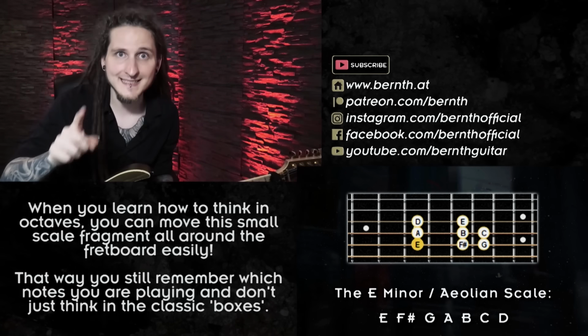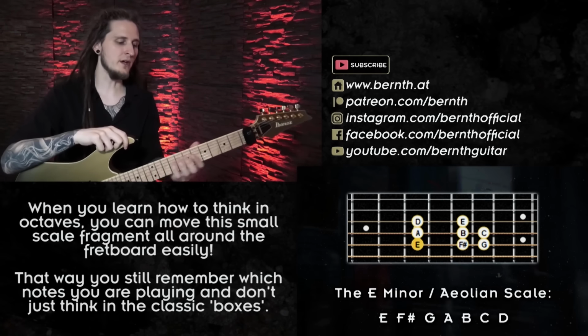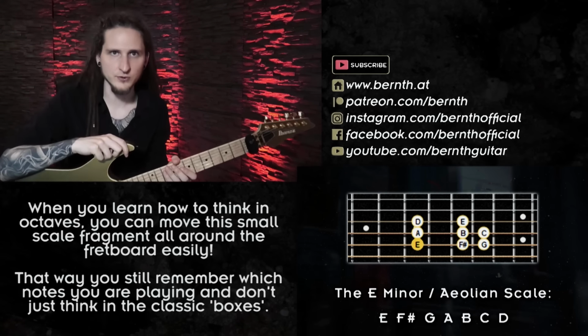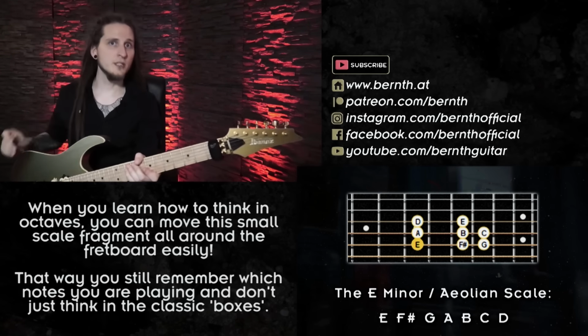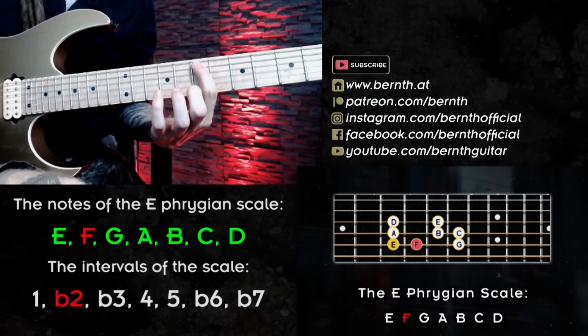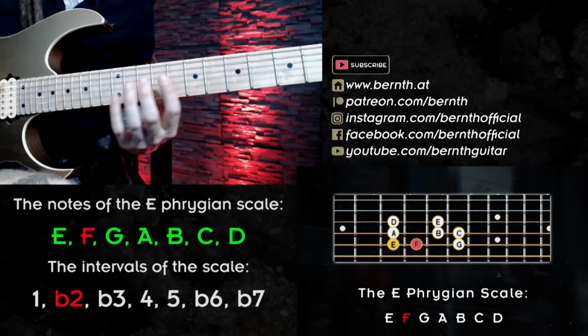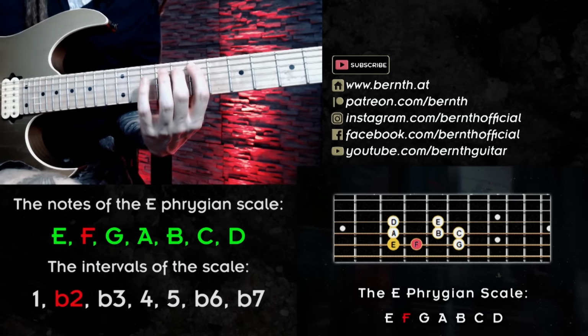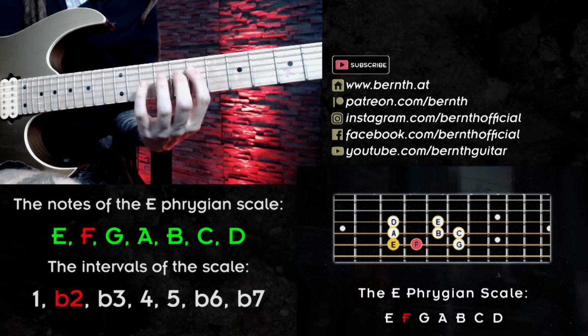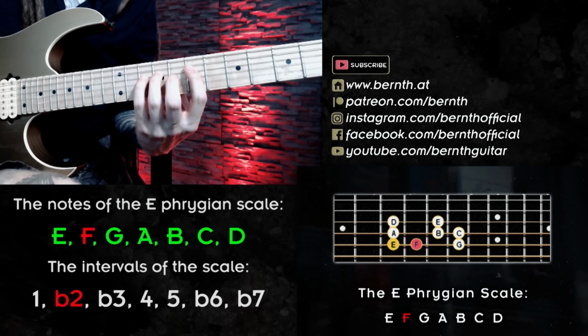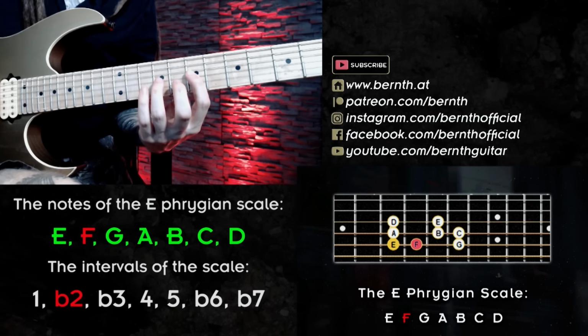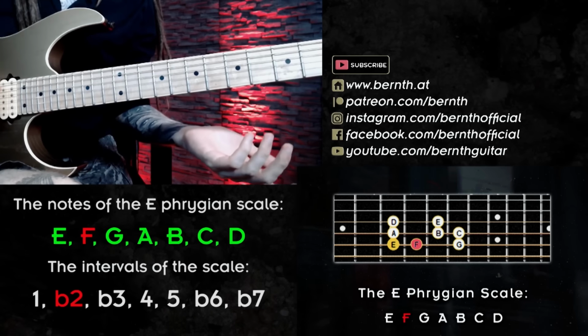But the real and exciting benefit from thinking like that becomes very clear as soon as you start working with the modes. So let's check out the notes of the E Phrygian mode right now. So let's start again with E right here on the 7th fret on the A string, and the notes of the E Phrygian scale are E, F, G, A, B, C, D, and then here we are at E once again.